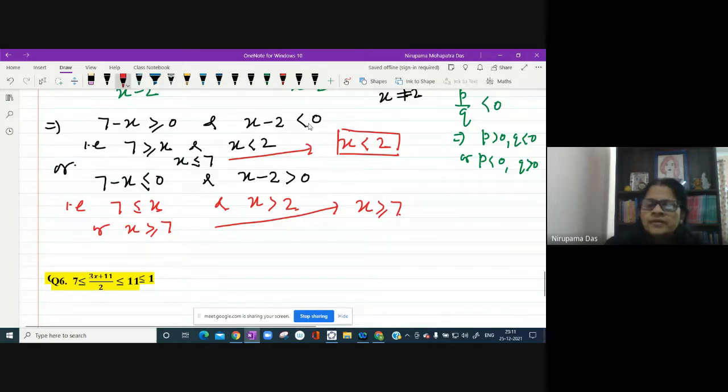So we can take the number line now. 2 and 7, with 7 included and 2 excluded. Make the line bold to the right side of 7, and less than 2 again here.